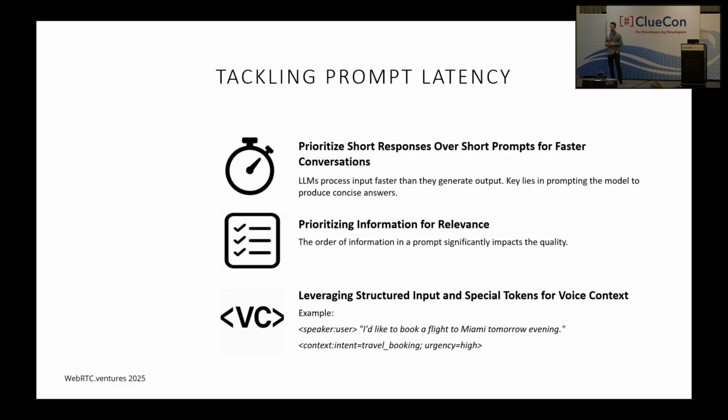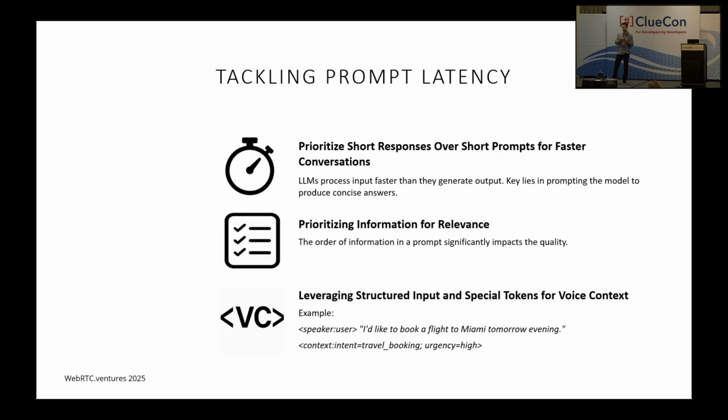What you write first is generally more important for the large language model. And you can also leverage structured inputs or special tokens. When large language models receive a prompt, they have a pre-processing step where they structure it internally and add special tokens.